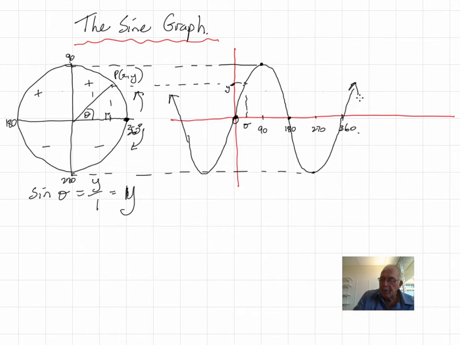Now the first thing to notice is that it repeats itself. Here, what we call one period is between there and there, because if I pick that part of the graph up and move it across, this point here goes to there, and the graph would repeat itself again.